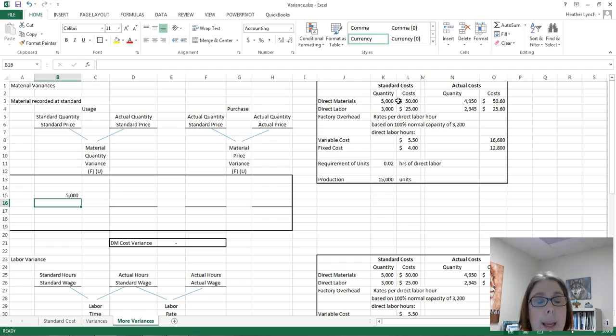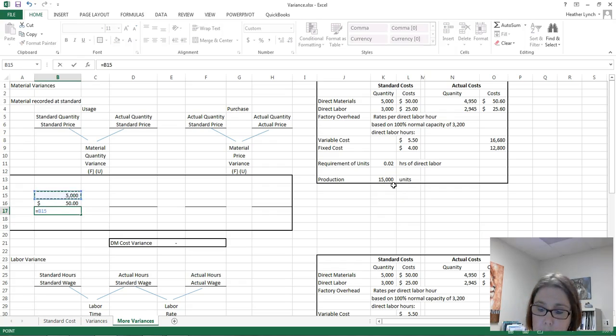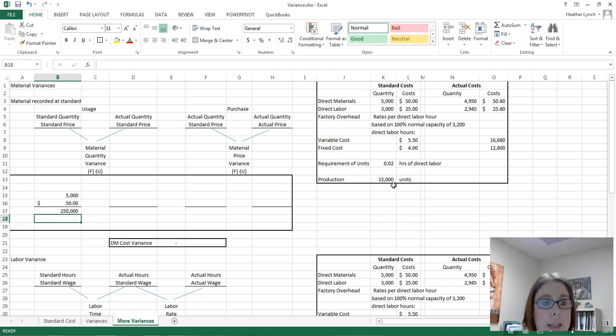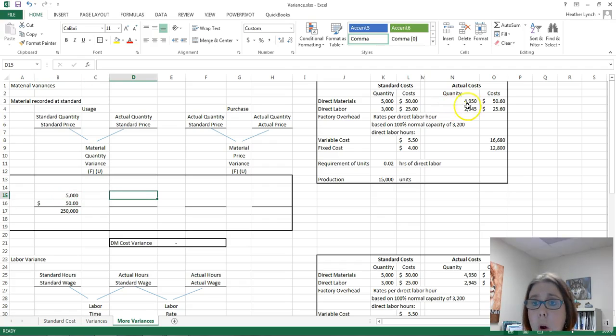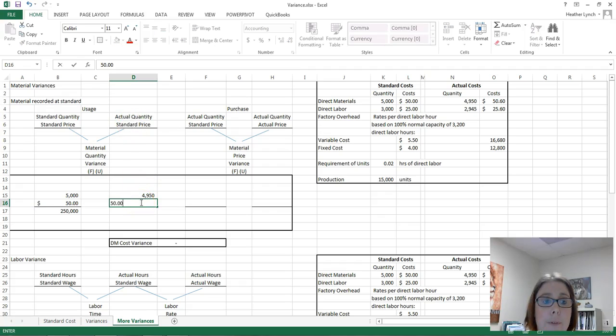Okay, so we had 5,000 for quantity. Standard cost is $50. So I take that 5,000 times the 50. So that gave us a standard quantity times standard price of 250,000. Actual quantity, that's the 4,950. Now remember, we're looking at usage, standard price of $50.